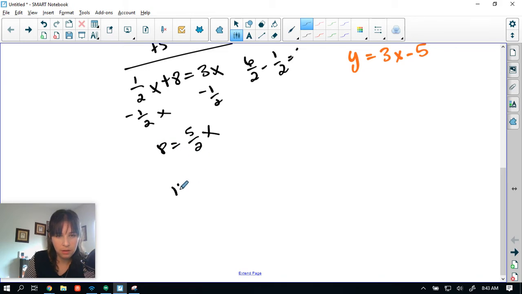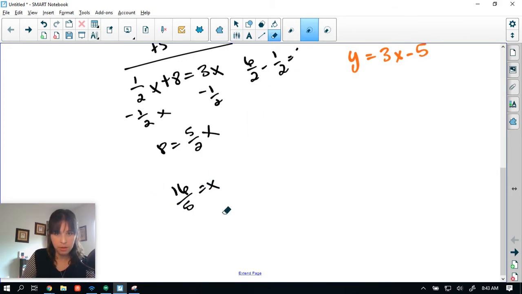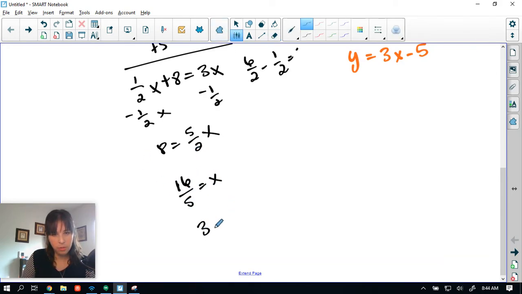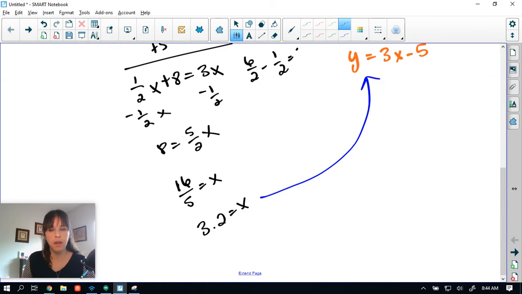So that's 16 divided by 5. There's 3.2. Oh, sorry, I don't need to put that. Oh yeah, 16, because 2 times that's 16. So I get 3.2 equals x, and then I could substitute that back into one of these equations and find my y. So we were a little bit off. I said 3.1, we came out with 3.2 here.